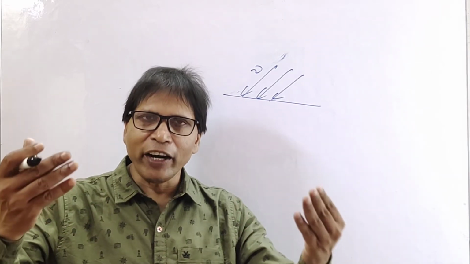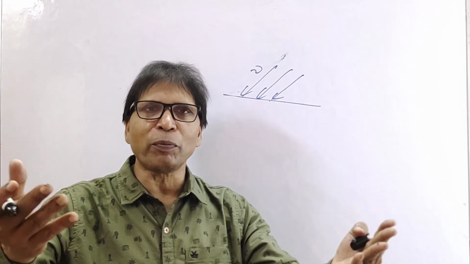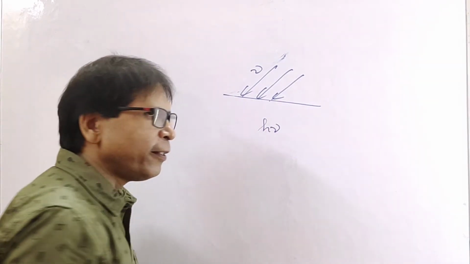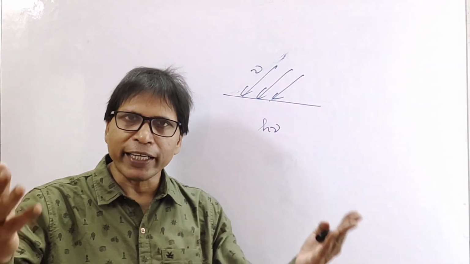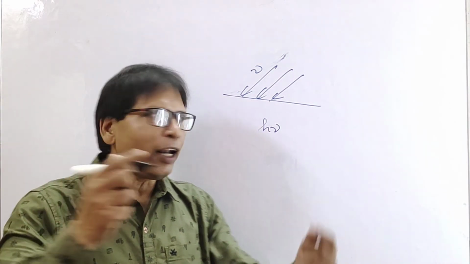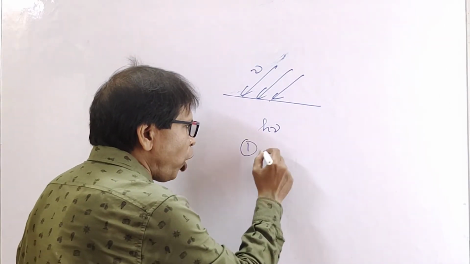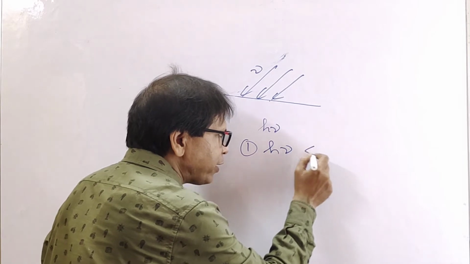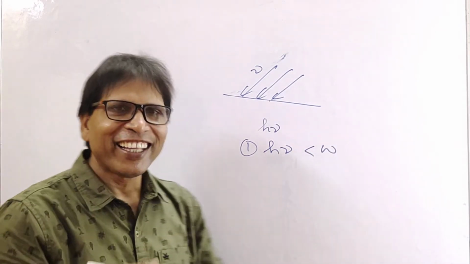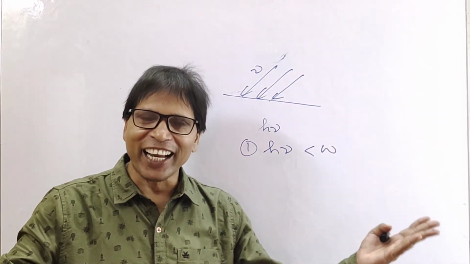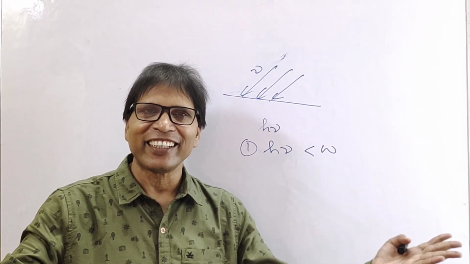If the electron absorbs the whole energy of the photon, h nu, then three possible cases arise. Number 1, if the absorbed energy h nu is less than the work function, then no emission of electron takes place.